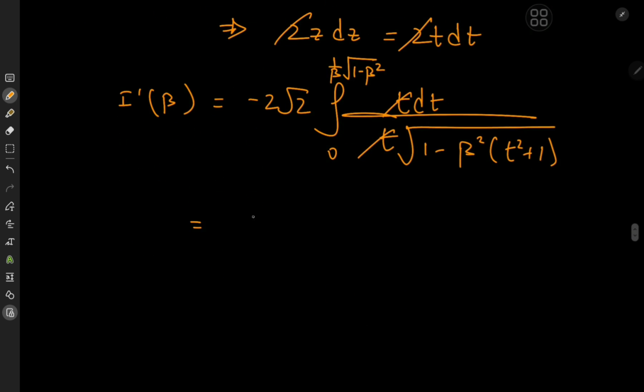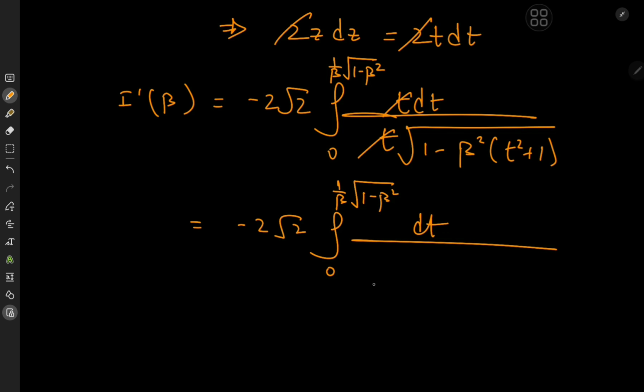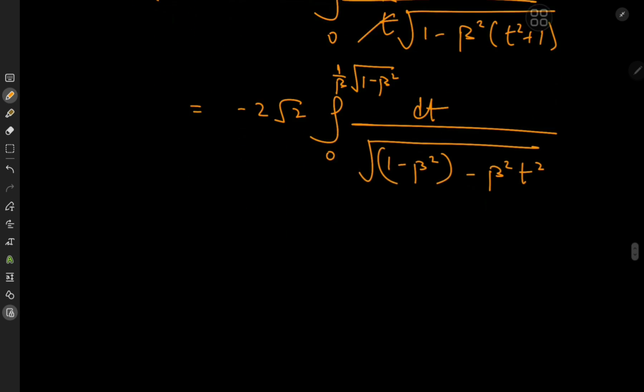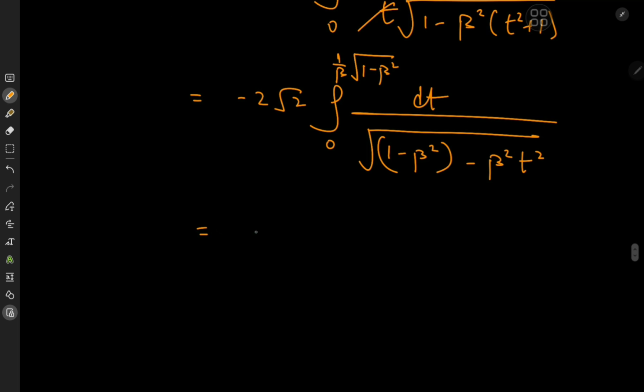Now for some algebraic simplification, it's negative 2 root 2 integral 0 to 1 by beta times root 1 minus beta squared dt divided by 1 minus beta squared minus beta squared t squared, and we might as well factor out a beta term over here.